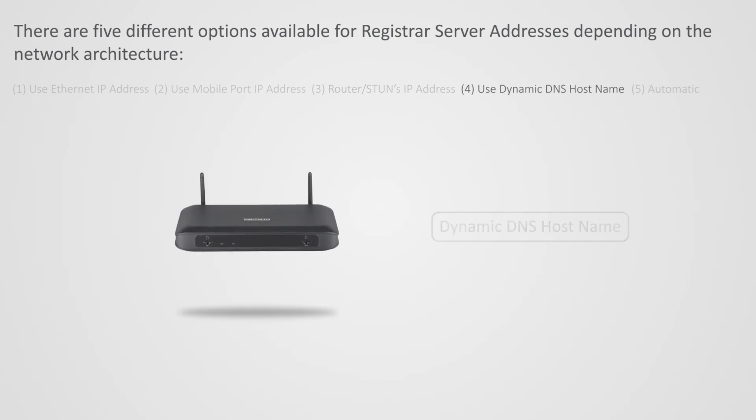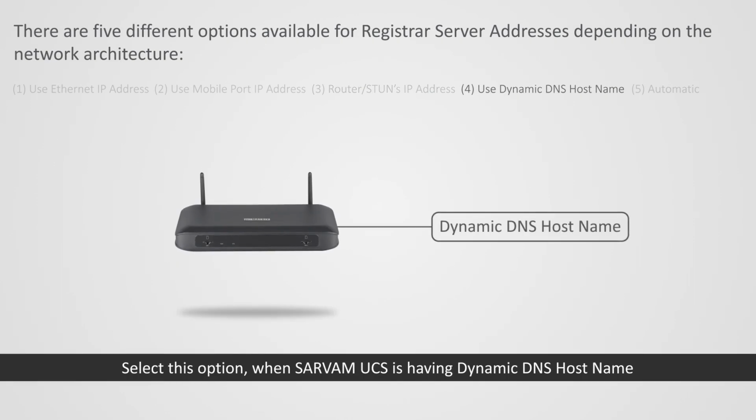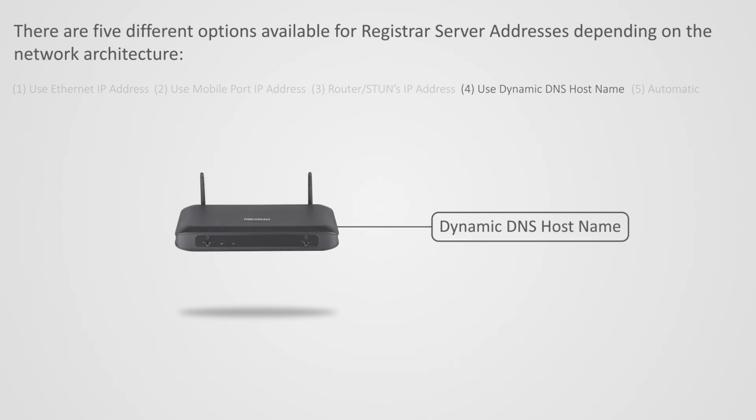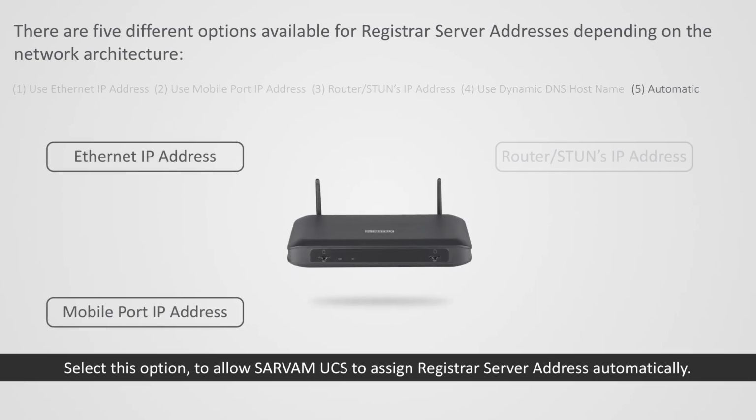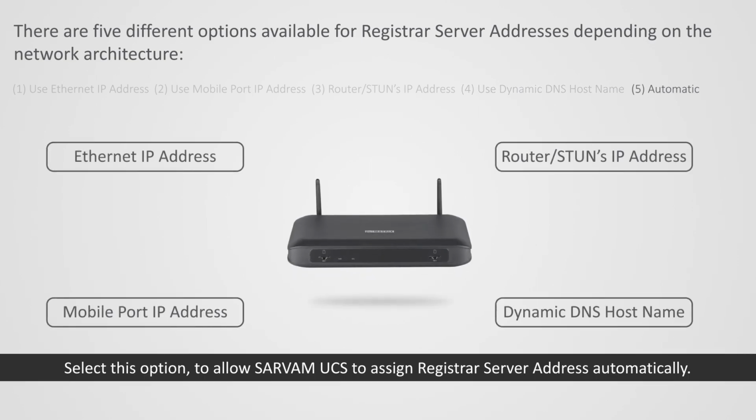Use dynamic DNS hostname. Select this option when SARVAM UCS has dynamic DNS hostname configuration in network parameters. 5. Automatic. Select this option to allow SARVAM UCS to assign the registrar server address automatically.